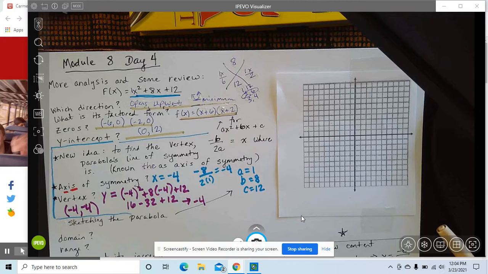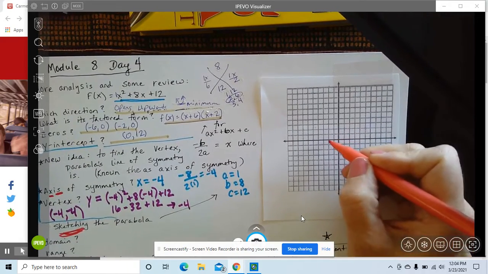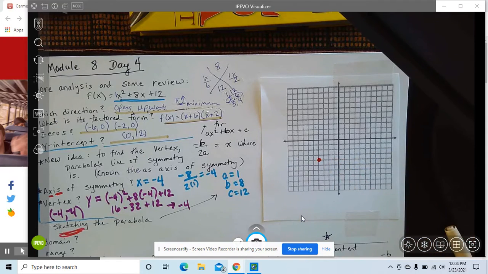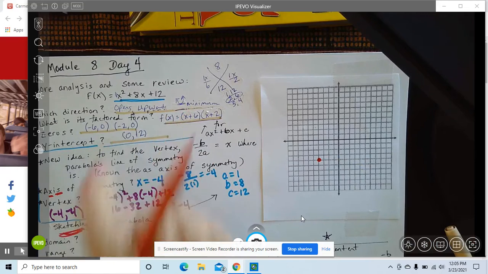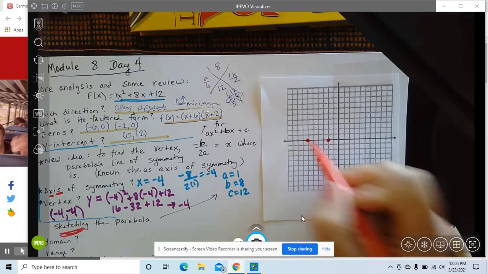I believe we now have enough points to graph this thing, so that's what we're going to do. We're going to sketch it. So (-4, -4), 1, 2, 3, 4, 1, 2, 3, 4 is the vertex. We also have -6 and -2 on the x-axis for zeros. -2, -6.